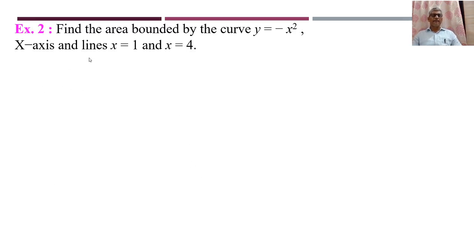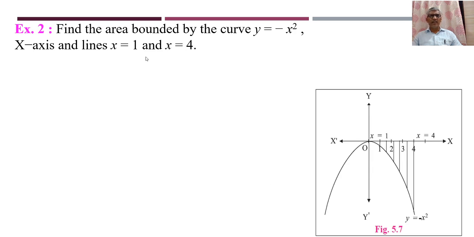Next example, find the area bounded by the curve y equal to minus x square, the x axis and the lines x equal to 1 and x equal to 4. See here, the figure is like this. The equation y equal to minus x square is the equation of a parabola, and this parabola lies on the negative side of the x axis, like this.